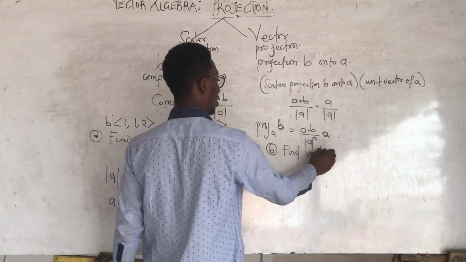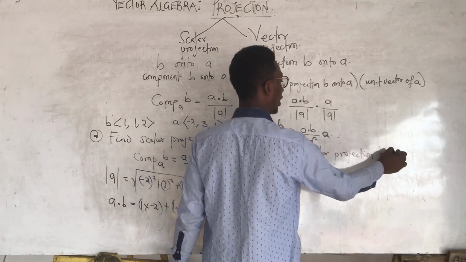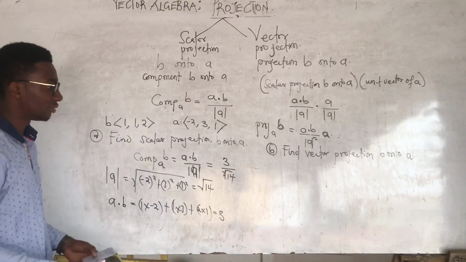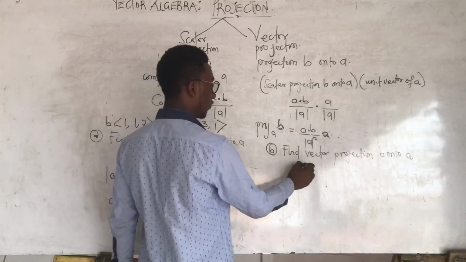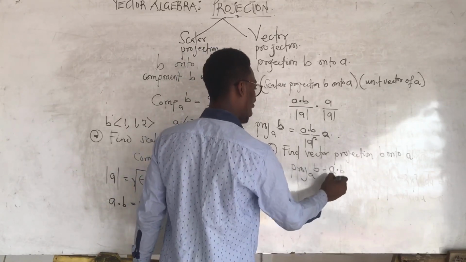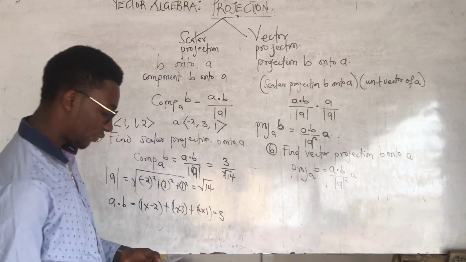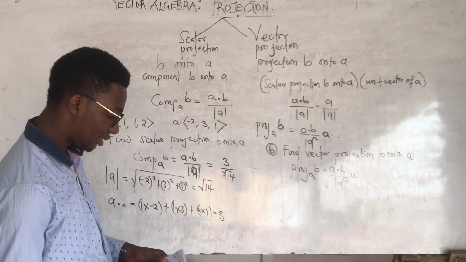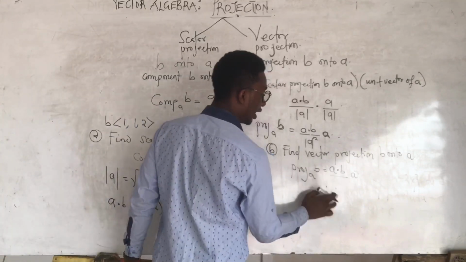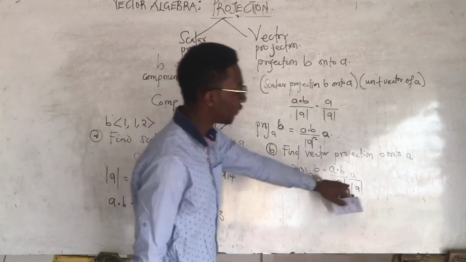Now, part B says you should find the vector projection of B onto A. So we write our formula. The projection of B onto A is equal to A dot B divided by the magnitude of A squared, times A. Or it is simply A dot B divided by the magnitude of A, times the unit vector.